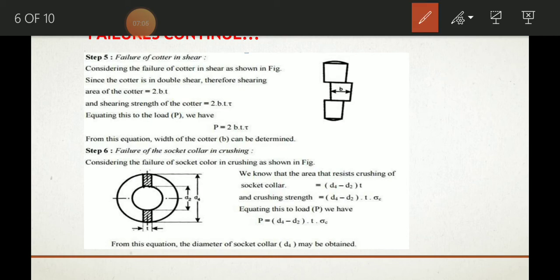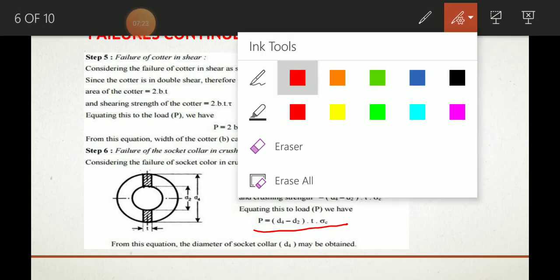The formula is P equal to d1 minus d2 into t into sigma c. From this equation, we can calculate the diameter of the socket collar, that is d4. We'll move to the next.